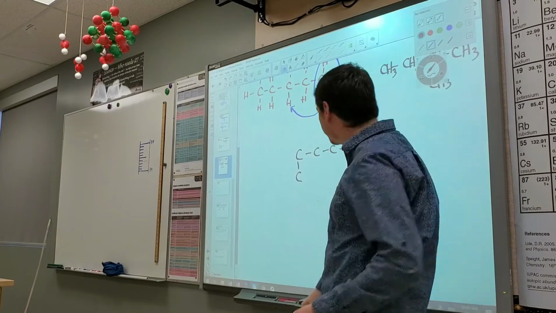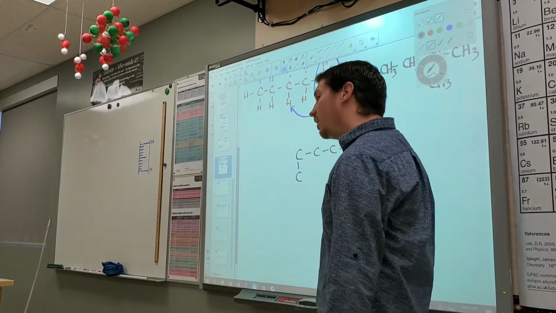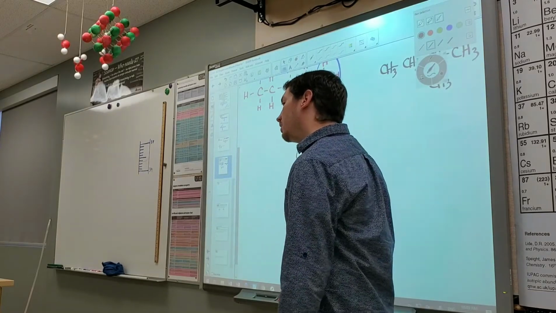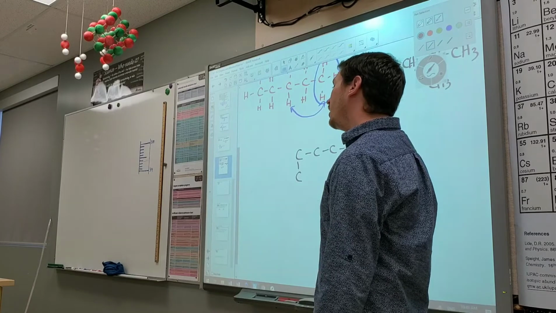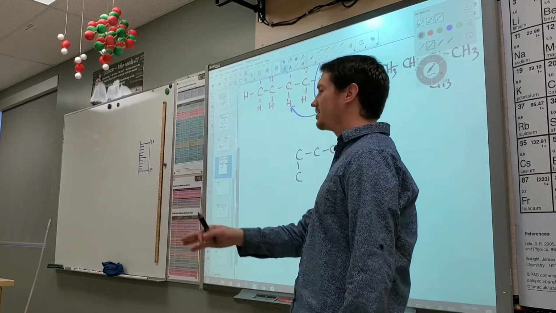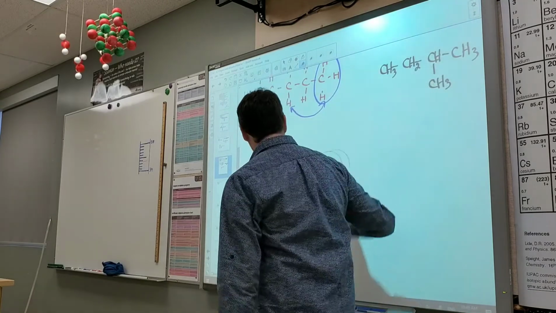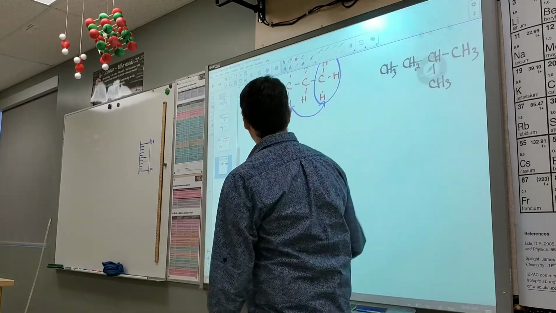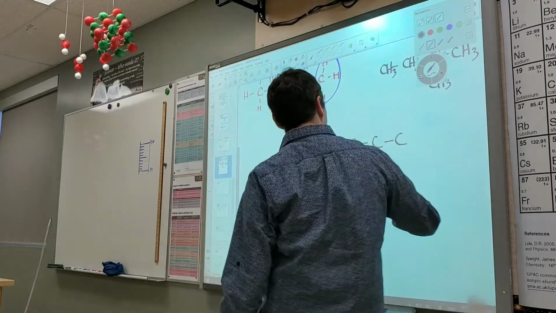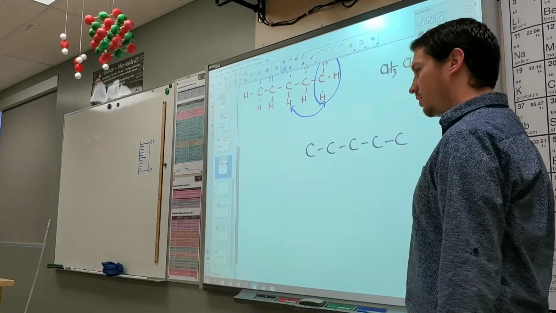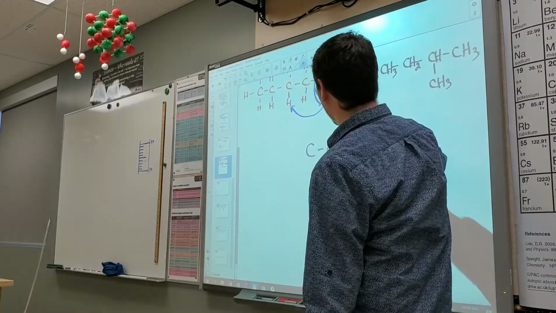So if you had a straight line and then you took the 2 carbons off the end and put them on 2 and 3, like it made a box with 1 carbon going down. Is that illegal? Okay, let's try it. You're going to take your 5 carbon chain, and what are you going to do? Take the 2 off the back end and stack them on the next 2.